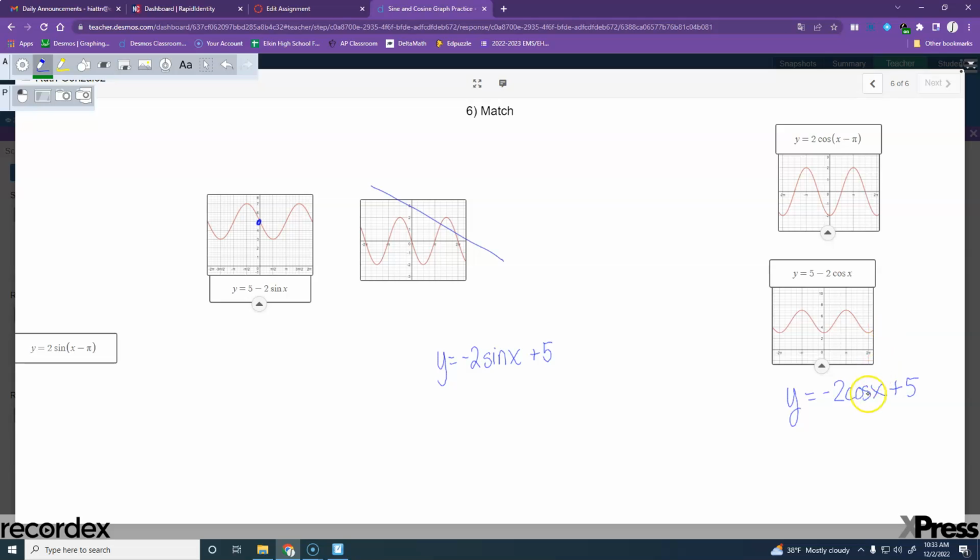Cosine is supposed to begin at, or have a y-intercept at, a maximum point. Why would this one have a y-intercept at the minimum? It has also been flipped, right? So that flips the maximum to make it a minimum instead. So this one is matched up correctly. So Ruth had that one right. Okay. Questions so far?